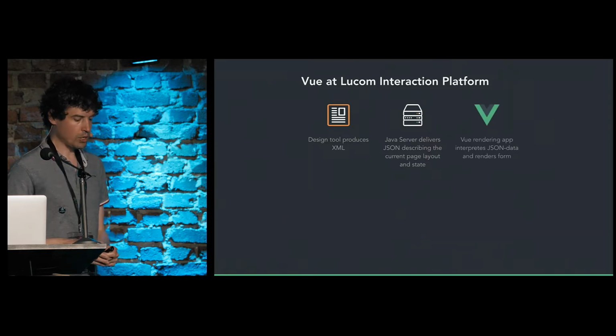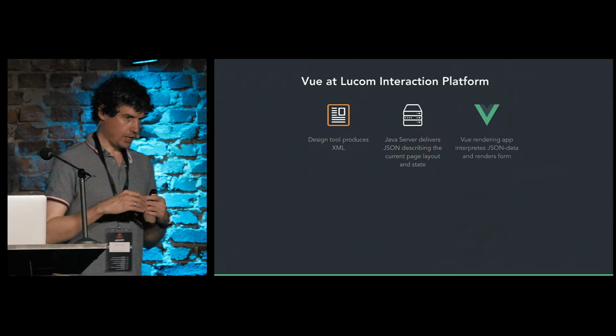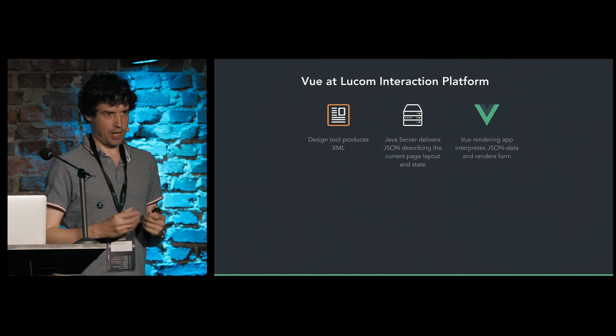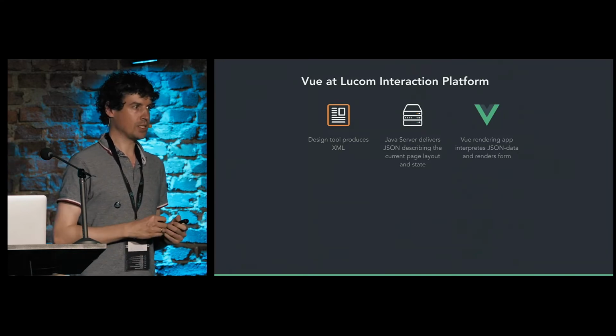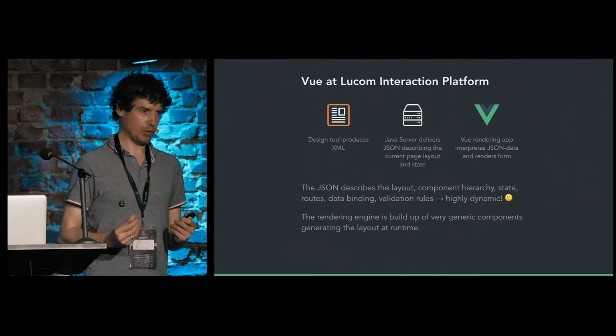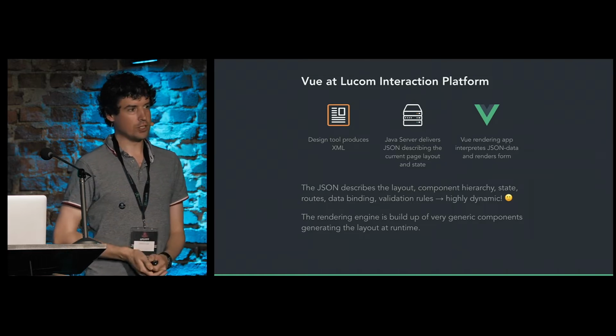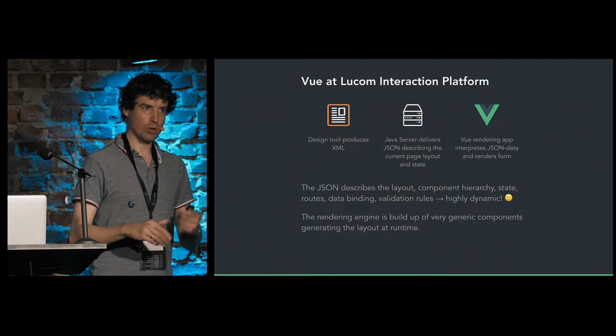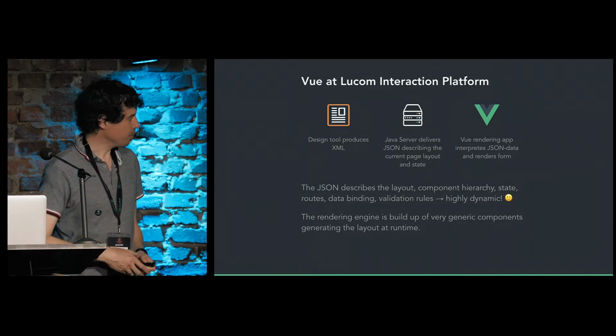So in the browser, we are running a generic Vue.js app, and this Vue app doesn't have any specific templates or components in it, but it's built up of very generic components because we don't know at development time how the form will look like. So instead of developing specific components, we have to develop generic components which will render and generate the component tree and all its behavior at runtime.